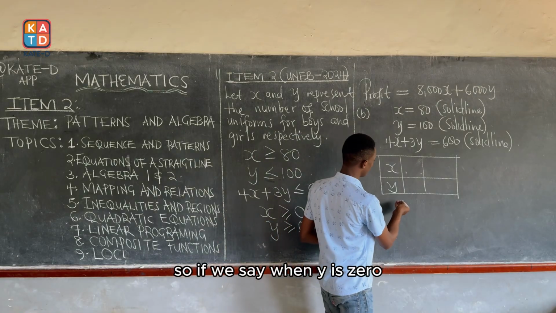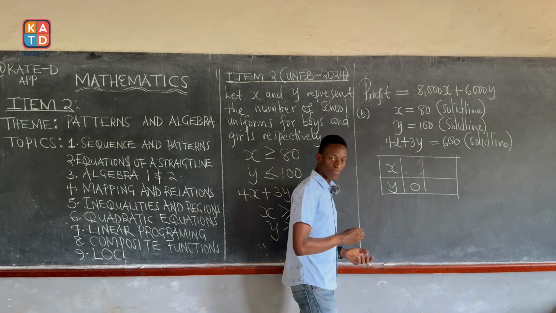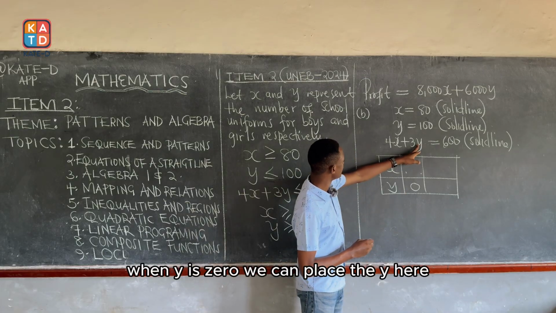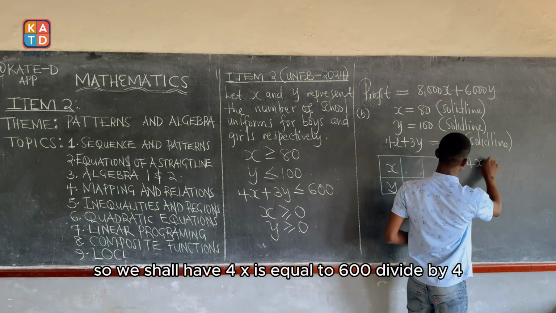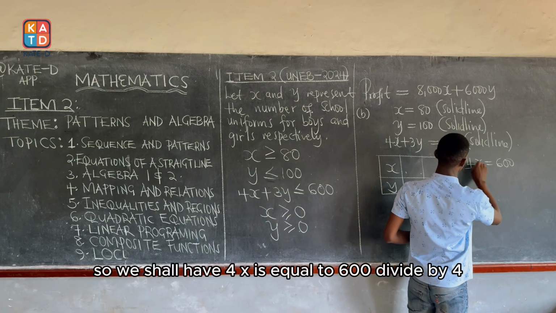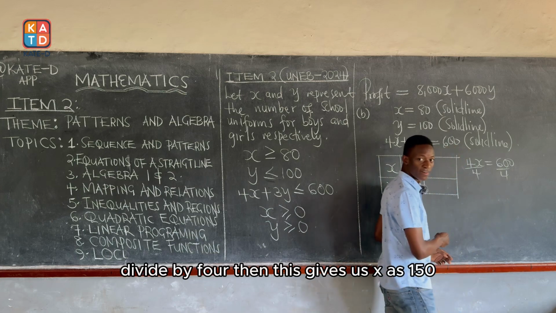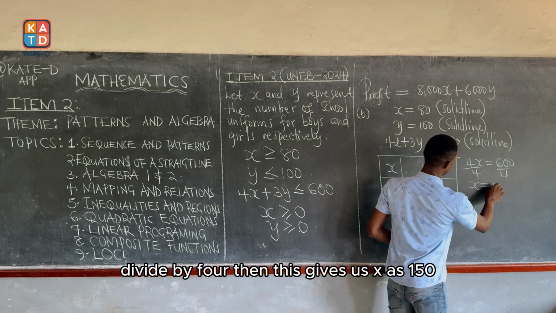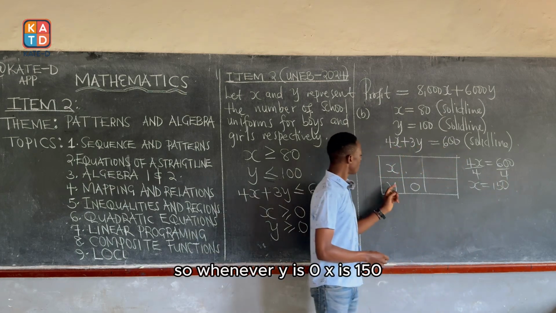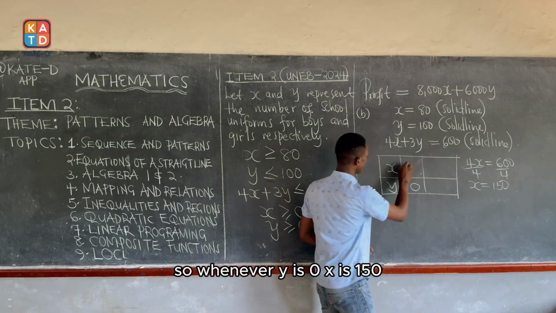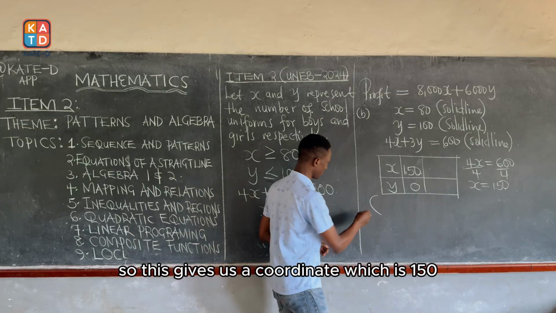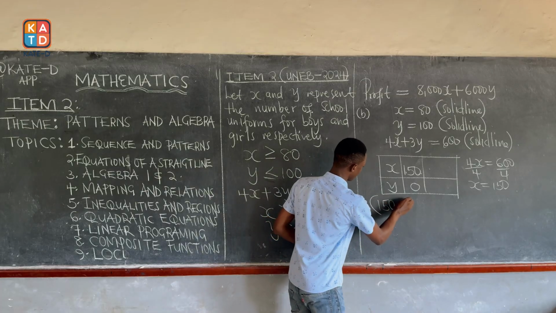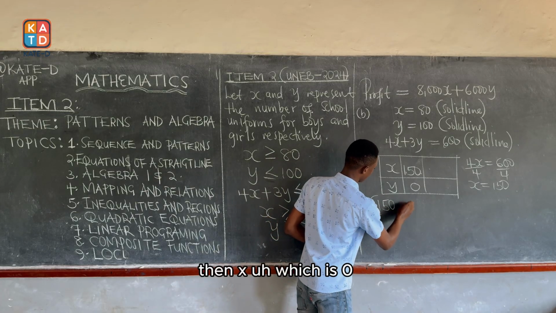So if we say when y is 0, we can place the 0 here. So we shall have 4x is equal to 600, divided by 4 on both sides. Then this gives us x as 150. So whenever y is 0, x is 150. So this gives us a coordinate, which is 150, 0.